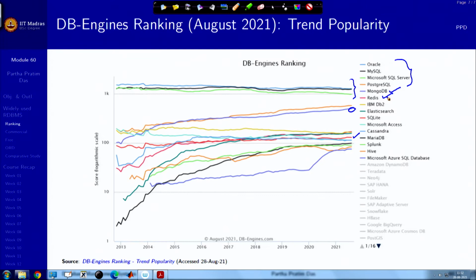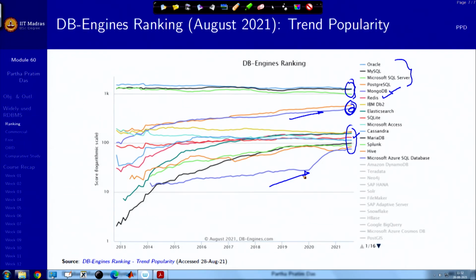So, you again see the three groups that you saw in the relational trend, and more or less most of the players are in a stable position, except for PostgreSQL, which we saw is growing, and so is MongoDB. So, these are the growing trends. Naturally, this one, which is Microsoft Azure SQL database, also has a recent growing trend, and so on.